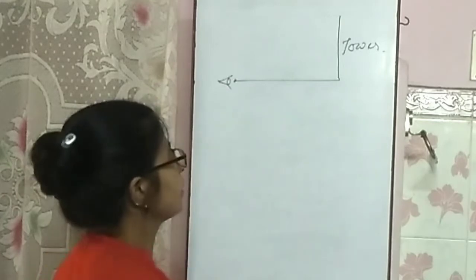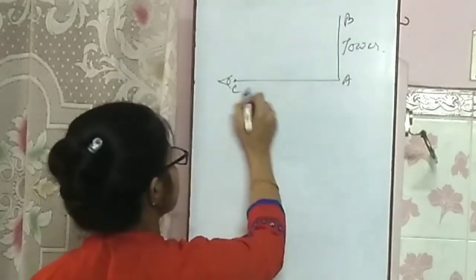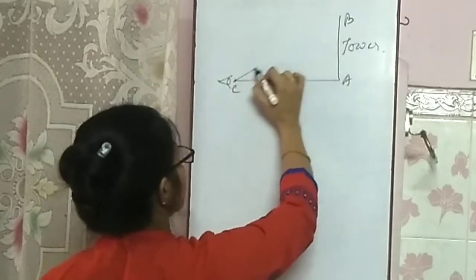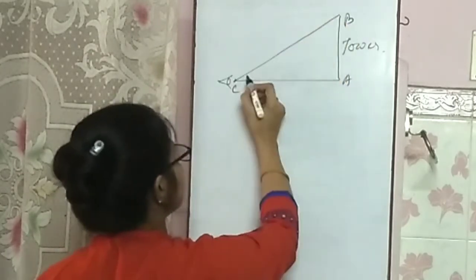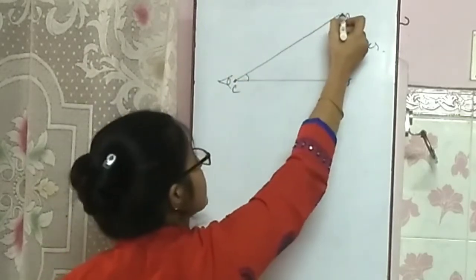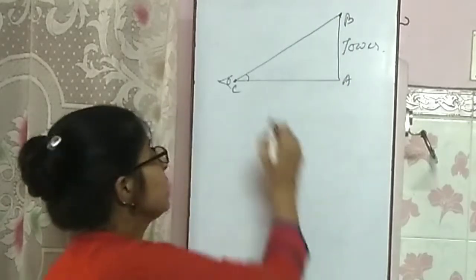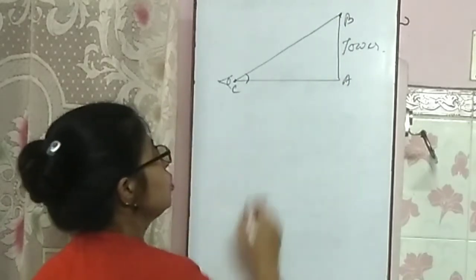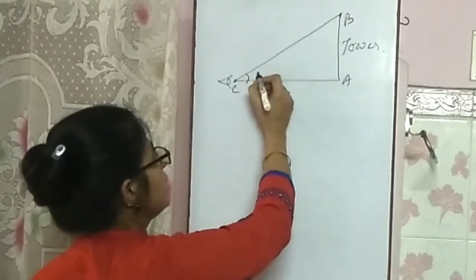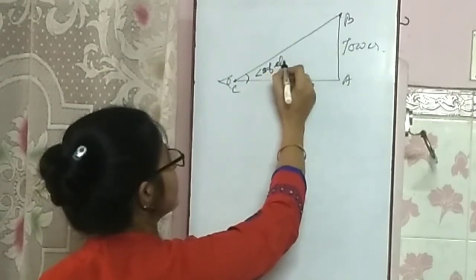Its eye is at this position, say it is A, B, and say it is C. Then this person is noticing this point B. This angle will be known as the angle of elevation.